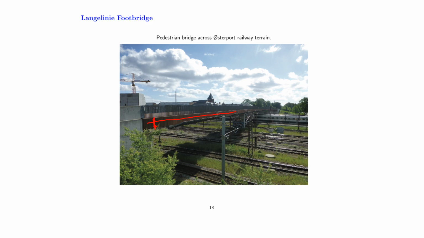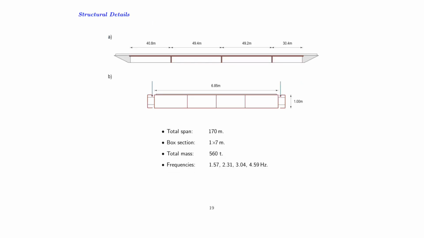And if you do not install dampers, you will have 4 to 5 vibration modes that are within the 5 Hz limit for pedestrian loading on pedestrian bridges. So these modes have to be damped, and the idea was to damp them by TMDs. A little bit of the length: each of these spans is between 30 and 50 meters, and the total length is 170 meters for the bridge.